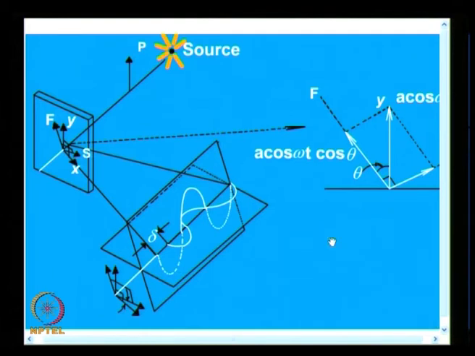And what do you anticipate? I have two simple harmonic motions which are mutually perpendicular, which have acquired a phase difference. When they come out of the crystal plate, how will it appear? We have just now seen the mathematical expression. It will appear like an ellipse, because that is why we developed the mathematics.